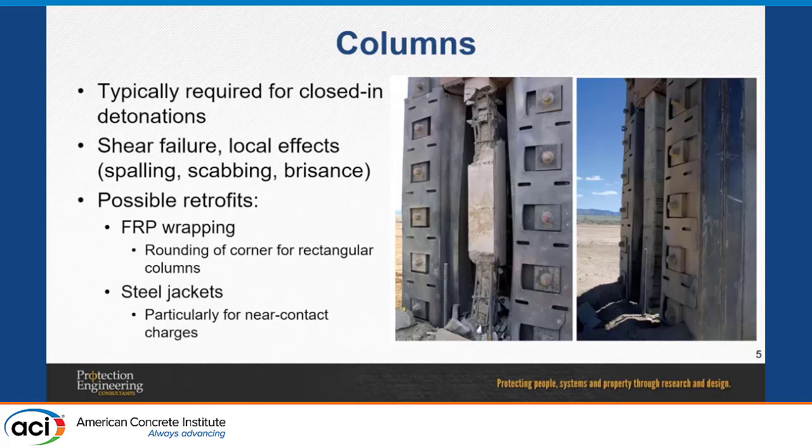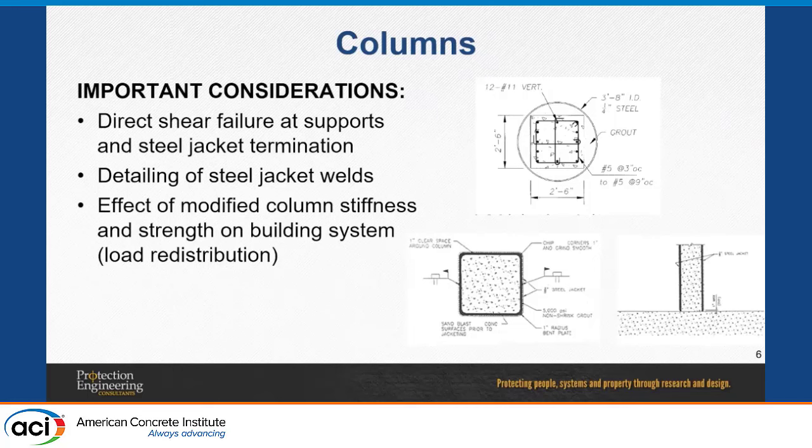Now, steel jackets are useful when you have a higher charge that is close-in or near contact, because they would prevent more localized damage. One very important thing to keep in mind with steel jackets in particular is that they might be prone to direct shear failure. I think that was mentioned in a couple of presentations earlier. In fact, Ganesh showed a picture of one.